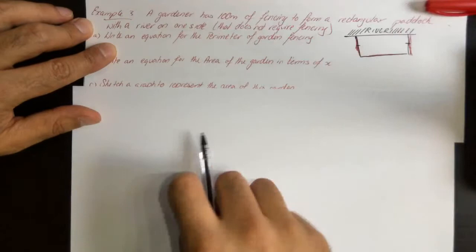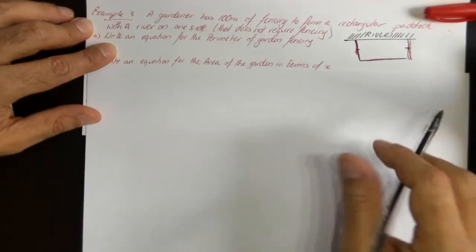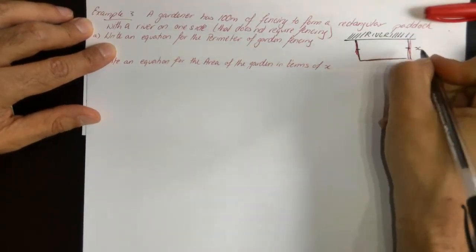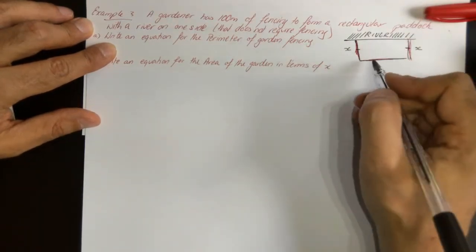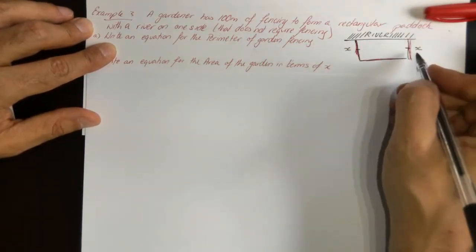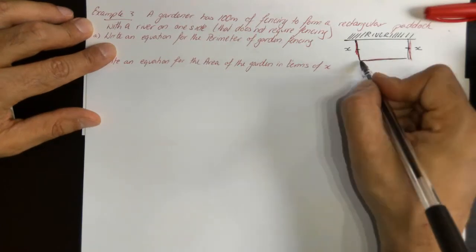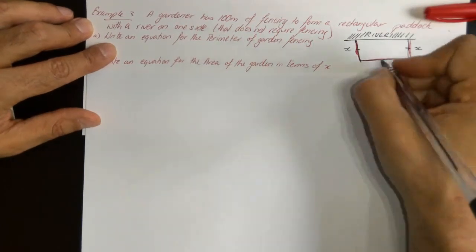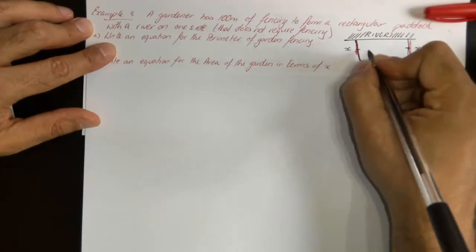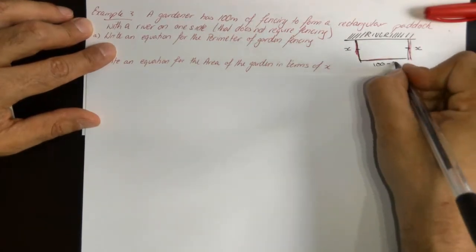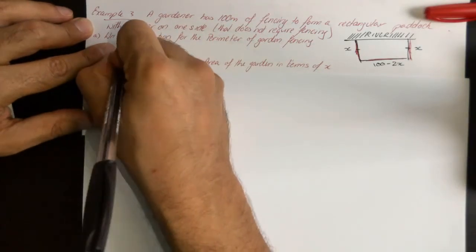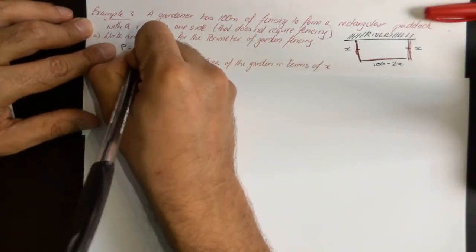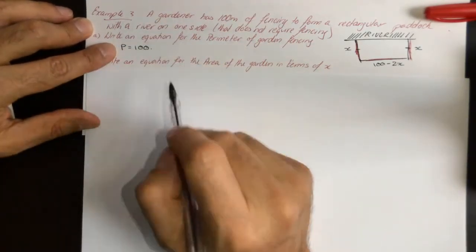Okay. So let's call that x. That will be also x. And really, if I had 100 meters of fencing and I wanted to figure out what the length of this is, well, this is just going to be 100, because that's the whole thing, minus 2 lots of x. So the equation of the perimeter will be p equals 100, because that's what's given.